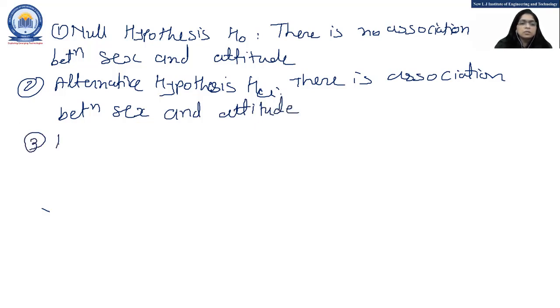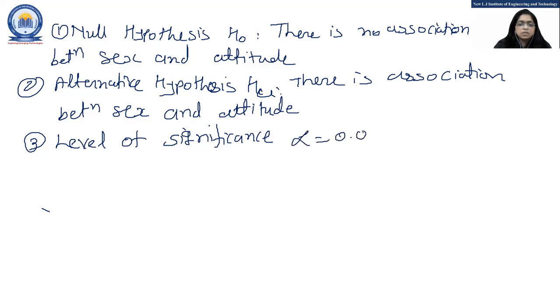Third one, level of significance, that is alpha 0.05. Fourth one, test statistic. It is chi-square.